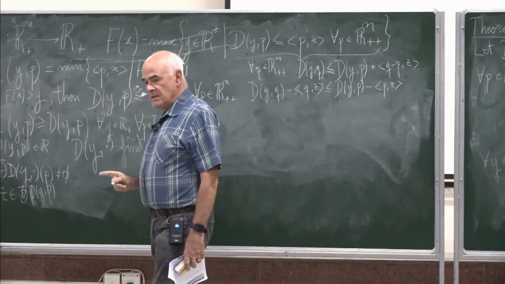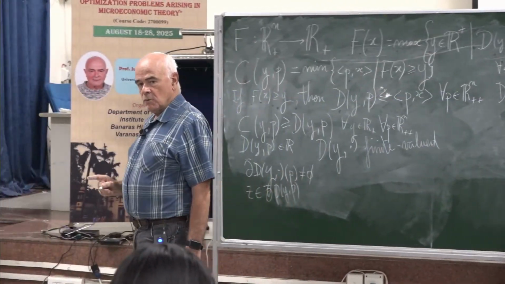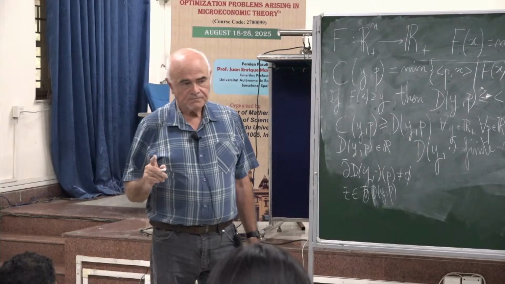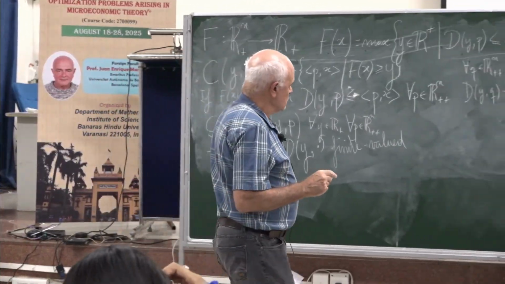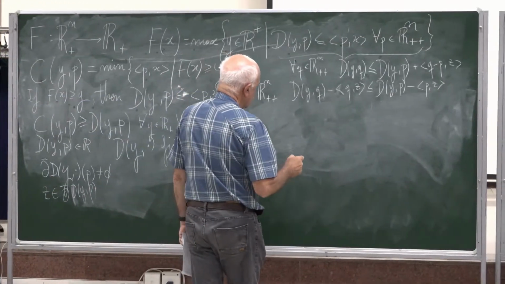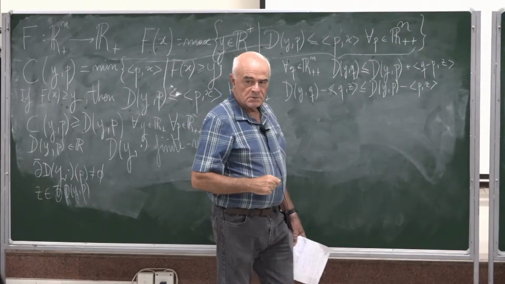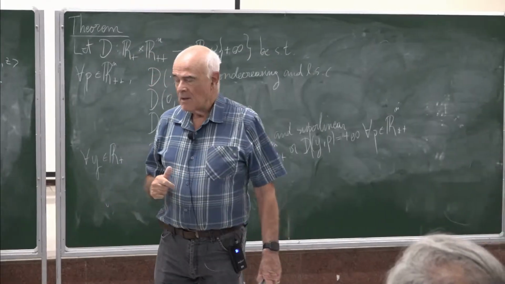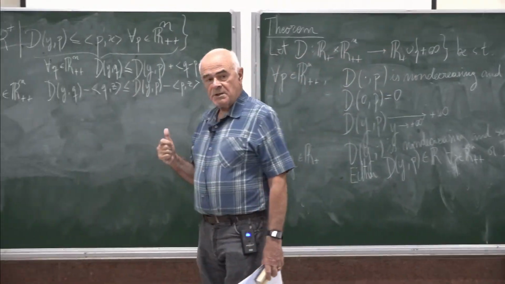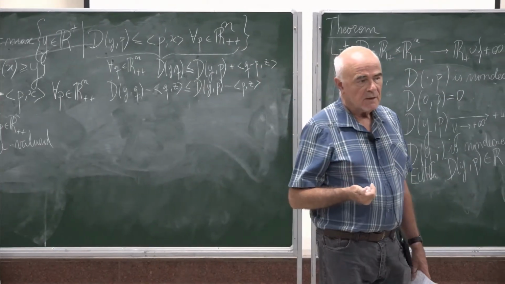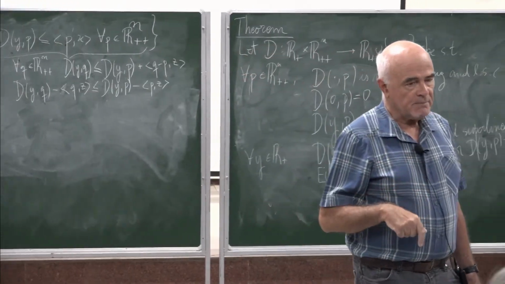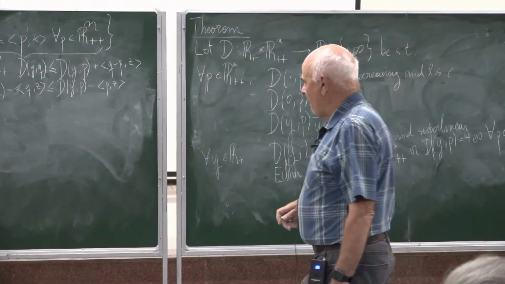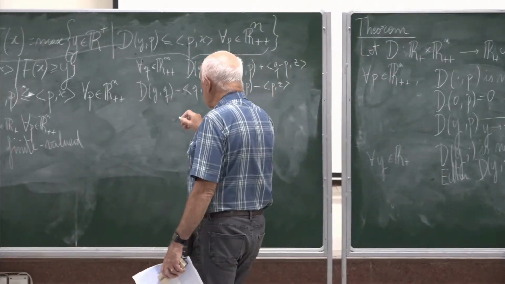P is fixed, but Q is arbitrary. I cannot take Q equals 0 because prices are strictly positive. But I will take first Q equal twice P and then Q equal 1/2 P.